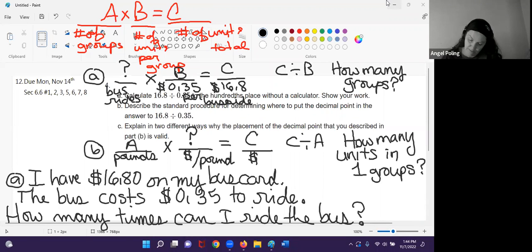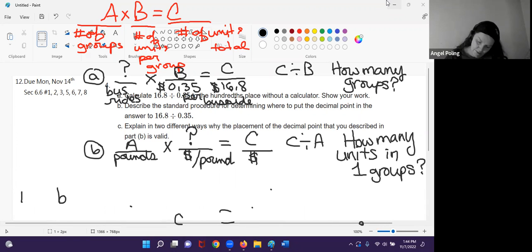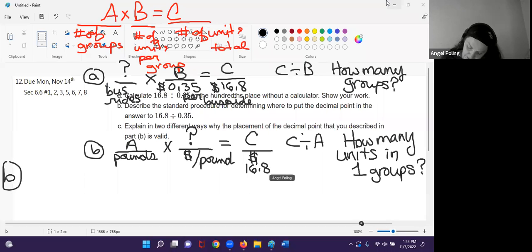Okay, so let me bust out the eraser. And we'll try to put words to this, and then I think we'll pretty much be done. I'll check it real quick, but here's B then, in terms of some words. So we could have, let's see, we need our 16.8 in place here and our 0.35 in place here, right?